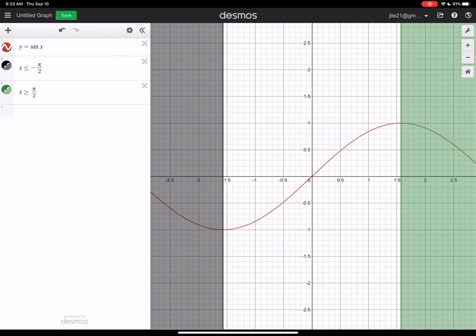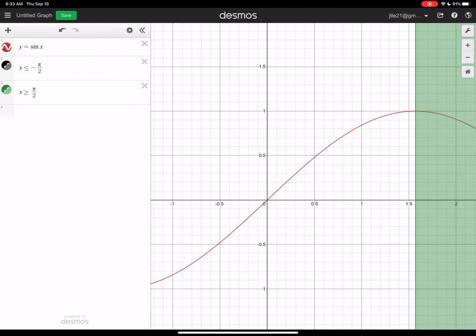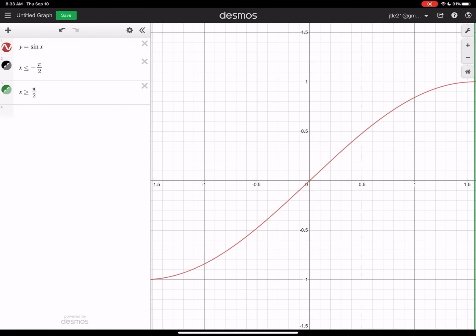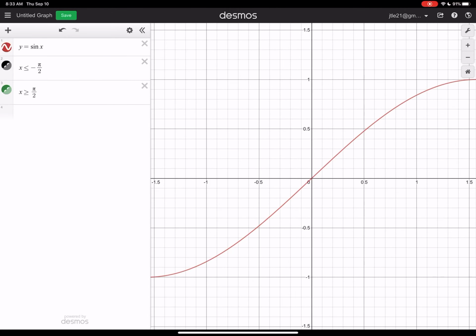If we were to look at the unshaded areas, so let me just cut it off here by the screen. If you notice, just this graph that you're seeing here passes the horizontal line test now, which allows you to build an inverse function here, okay?